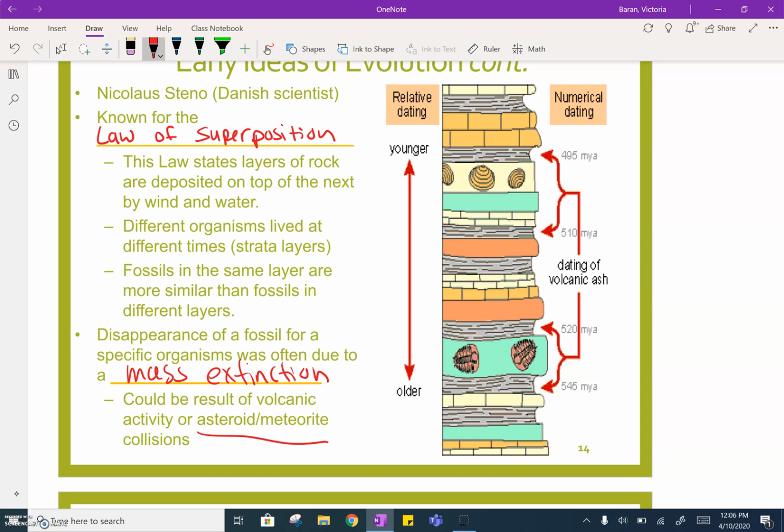So the most prevalent theory for how the dinosaurs went extinct is that a very large meteorite hit the Earth, and it caused a huge change in Earth's climate, which ultimately caused the dinosaurs to go extinct, and thus bringing in the age of the mammals.